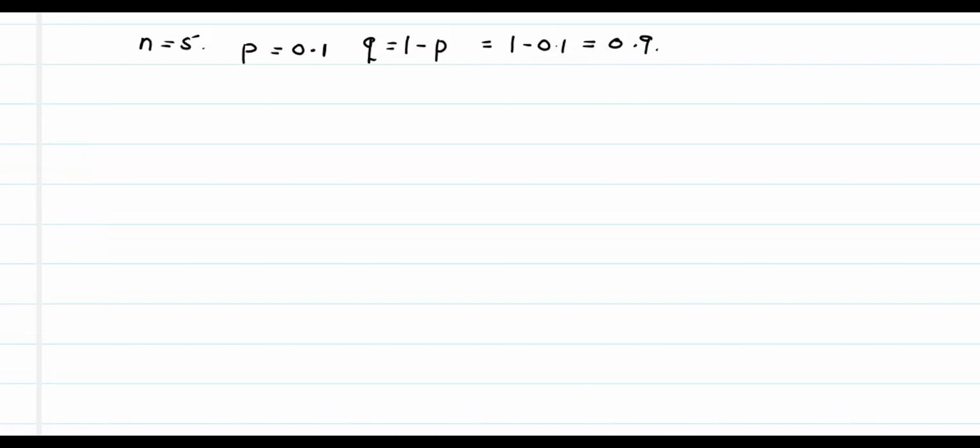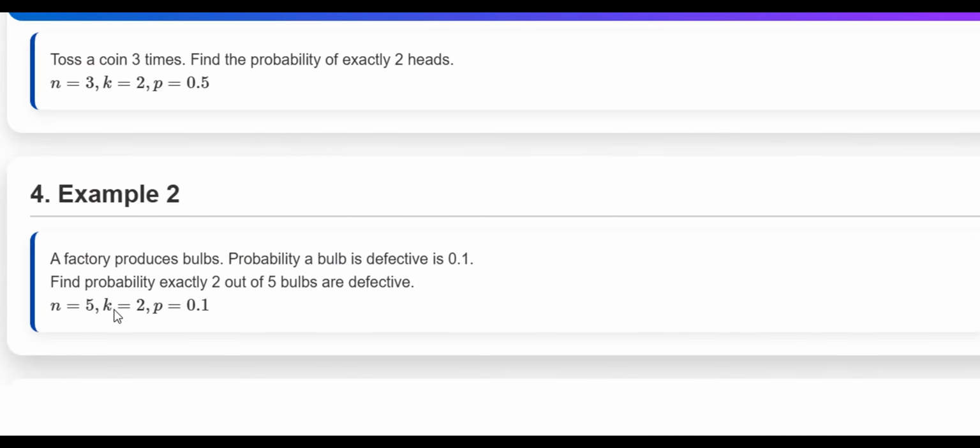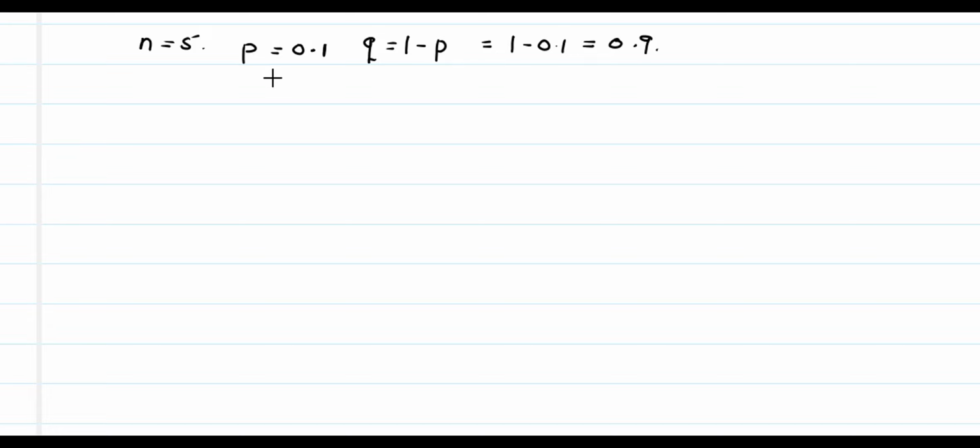Then you are told to find the probability that 2 out of the 5 bulbs are defective. So in our case, k becomes 2. So now we have all the values.